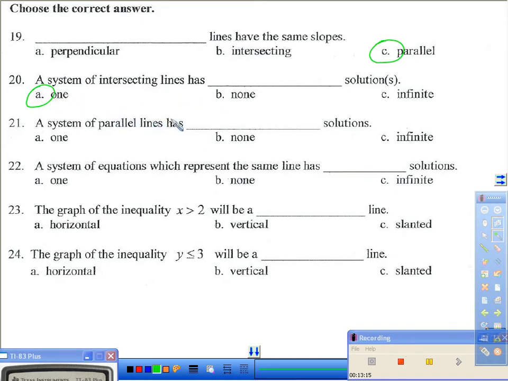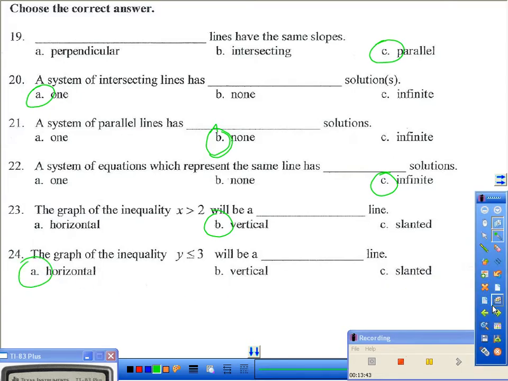A system of parallel lines has no solutions. That should say no, not none. A system of equations which represent the same line has infinite solutions. The graph of the inequality x is greater than 2 will be a vertical line, and the graph of the inequality y is less than or equal to 3 will be a horizontal line.